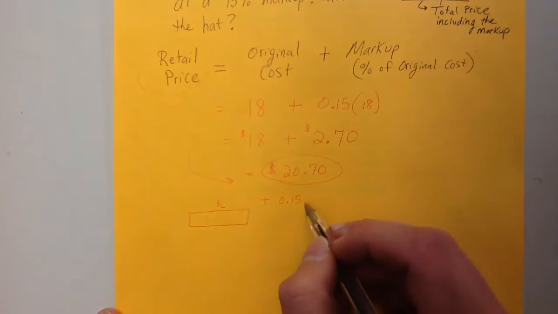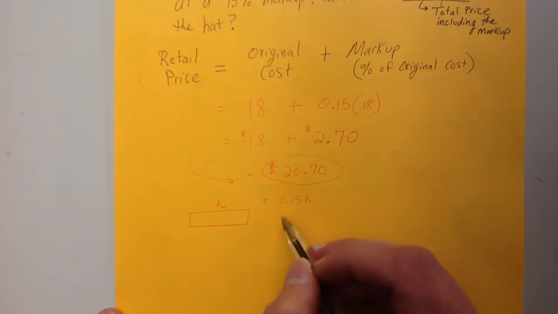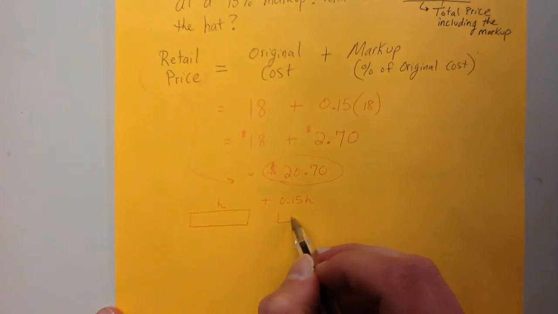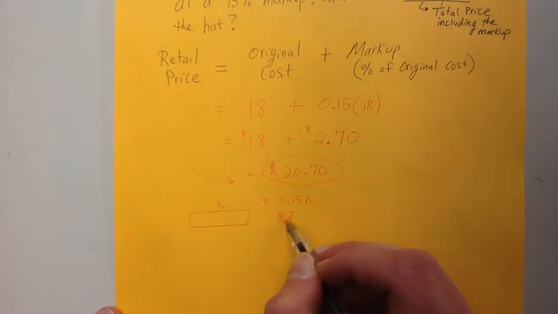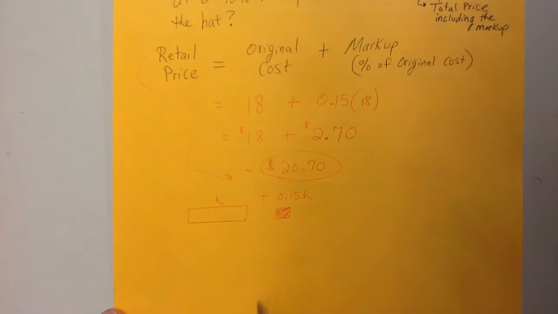So plus 0.15 times the original cost of the hat, which I'll represent with H. If this right here is H, then 15% of this would look like this. This is 15%.